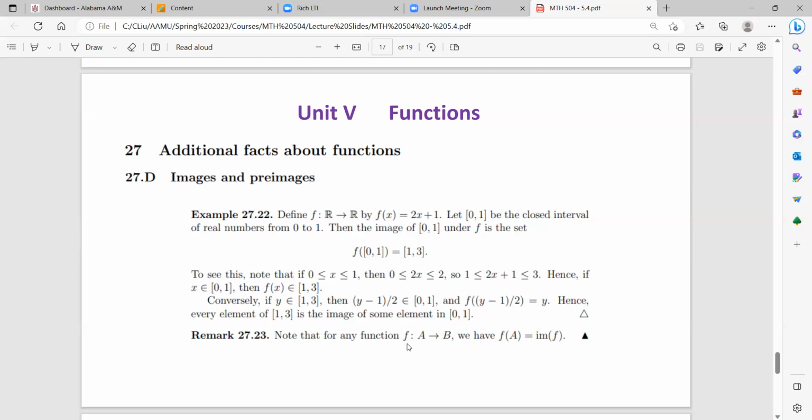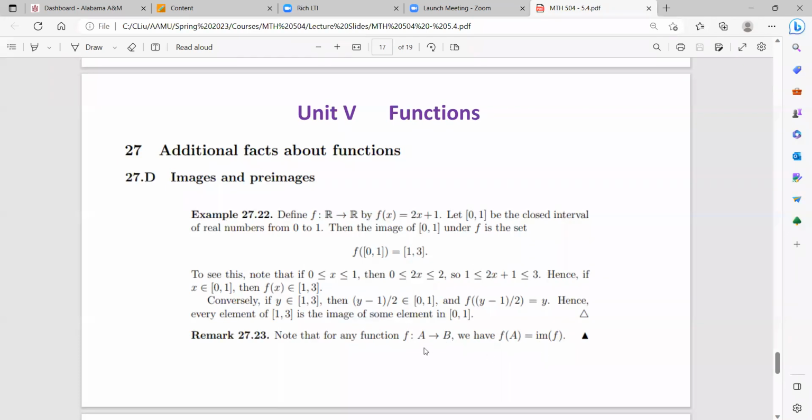Well, the last sentence here says for any function f from A to B, we have f(A) equal to the image of f. Of course, if you take the subset S to be the domain A itself, then the image of the domain is the image, the range, of the function.